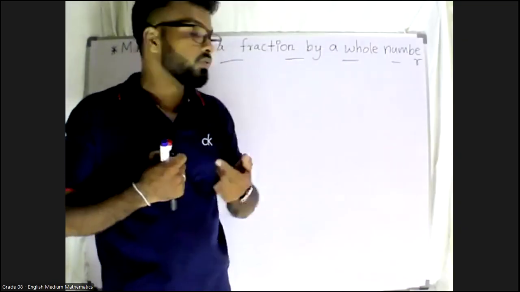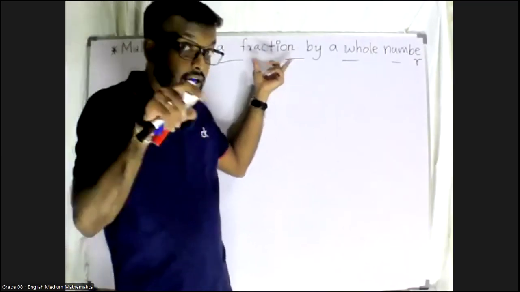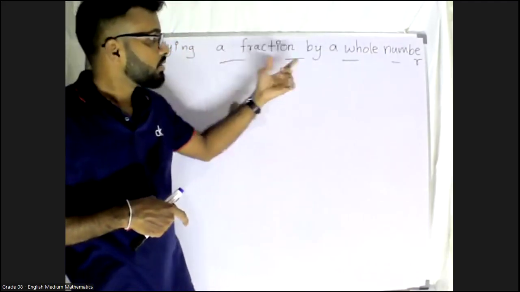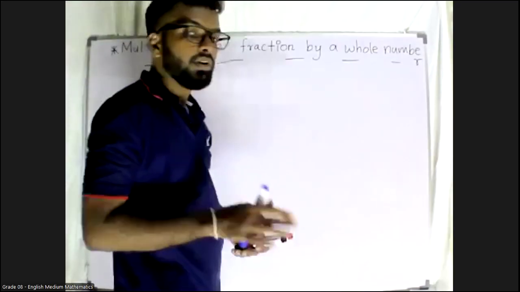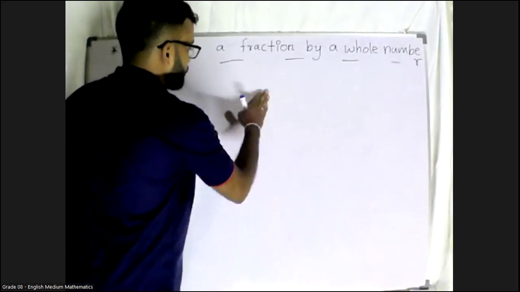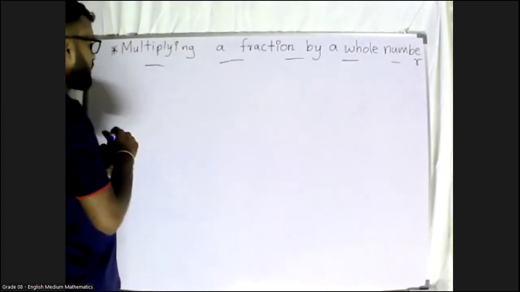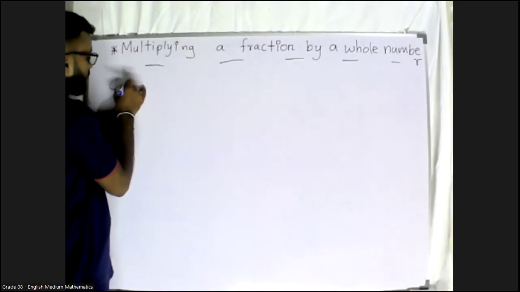I will show you. Now you have multiplying a fraction by a whole number. You have to multiply a fraction by using a whole number. So I will explain this first. So how do you do this? Right now, consider, look at the board. Don't write.